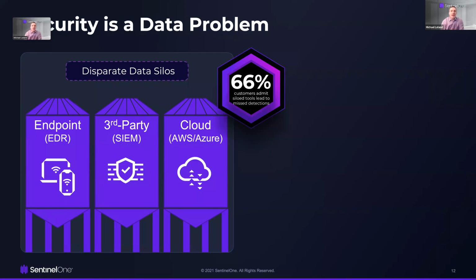Most SIEMs were never built to handle the type of ingestion, storage, and search conditions of endpoint telemetry. Imagine every one of your Windows event hosts, every one of your Linux systems, every one of your Mac or mobile devices sending every bit of telemetry into your SIEM, whether it's a cloud SIEM or an on-prem SIEM. You can quickly see how that would be overwhelming to those platforms.